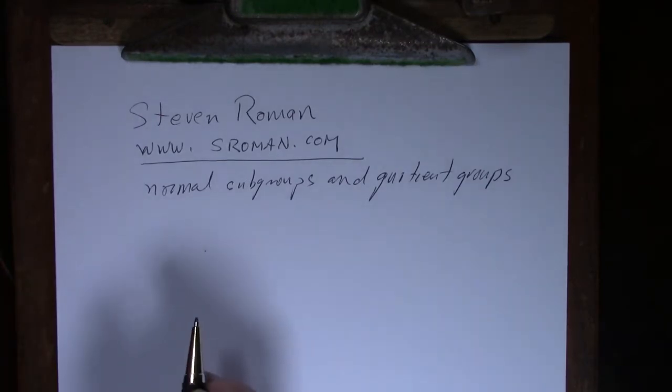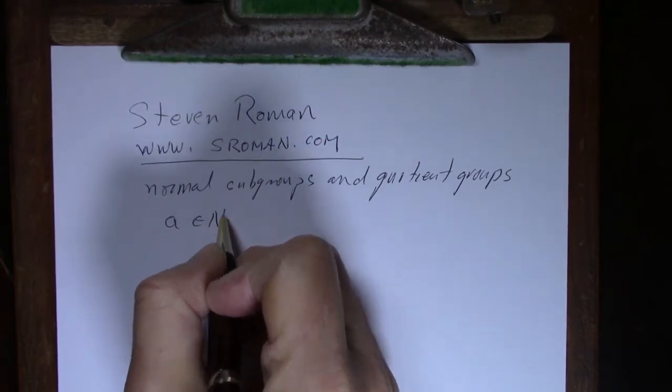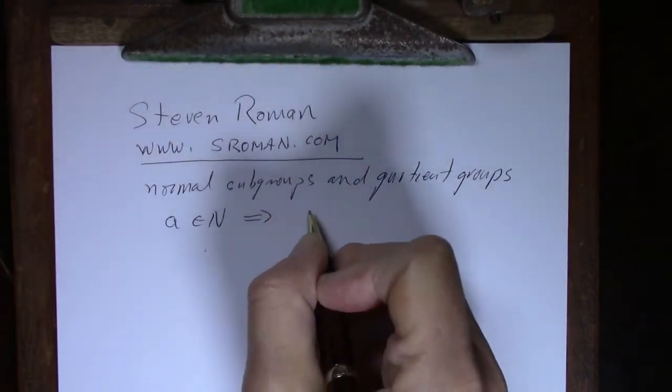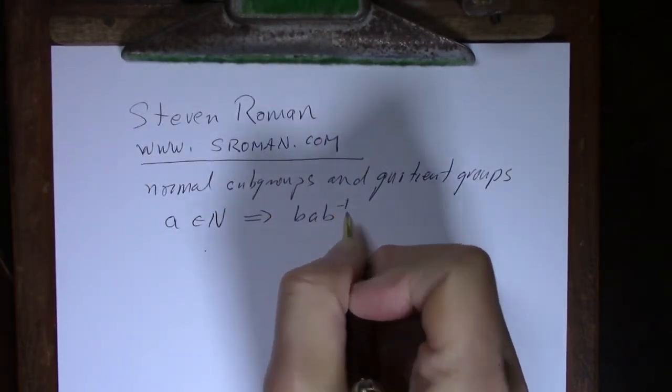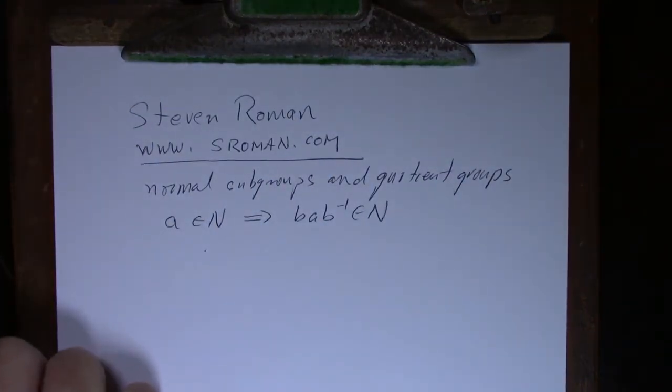Usually normal subgroups are just defined: a in N implies bab inverse is in N, and quotient groups are defined from there, and there's not much motivation. Many of my students are at first quite confused about quotient groups, so I'm going to see if I can shed some motivational light on this subject.